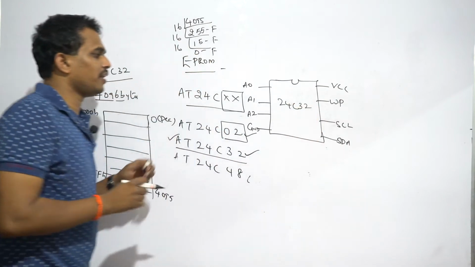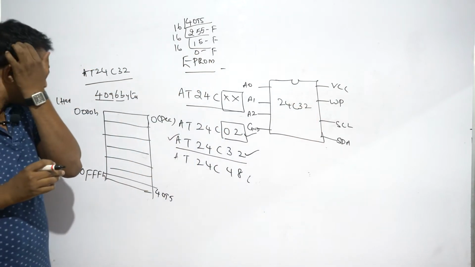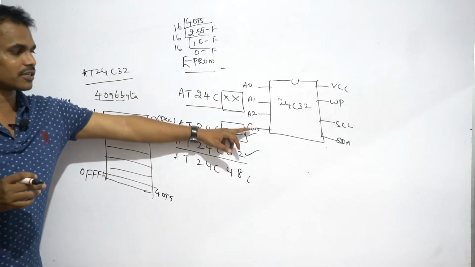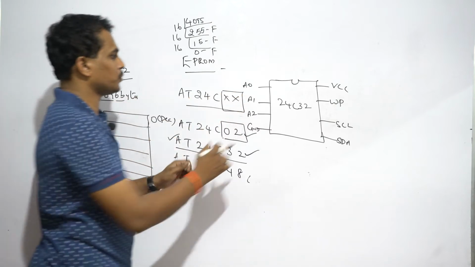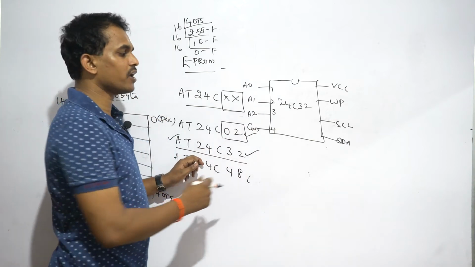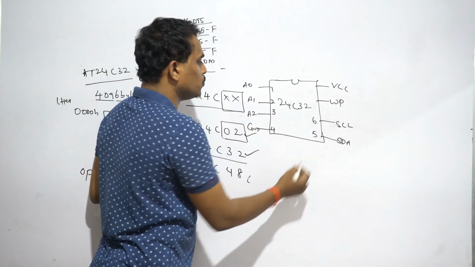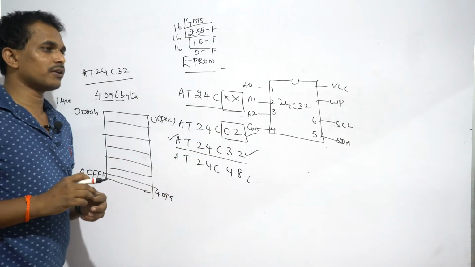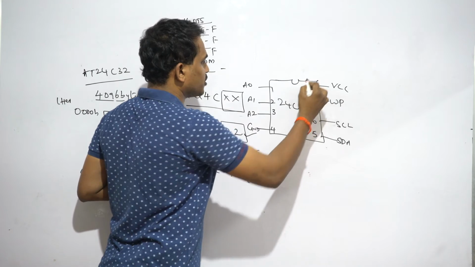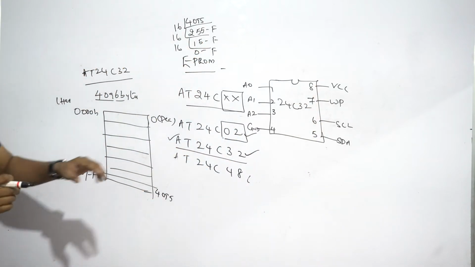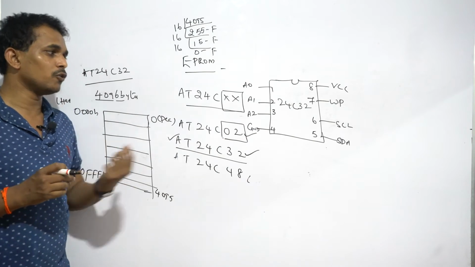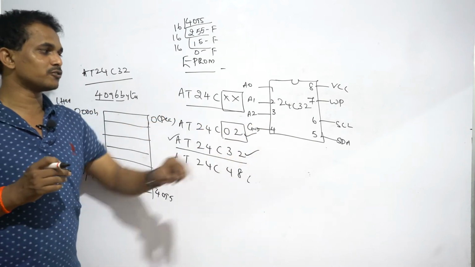So this is the simple 8-pin AT24C32 device. The first 3 pins, A0, A1, A2, are the hardware address lines, the 4th pin is the device ground, pins 5 and 6 are the I2C lines used for I2C communication, the 7th pin is write protect, and the 8th pin is VCC. How can you tell it is an I2C device?